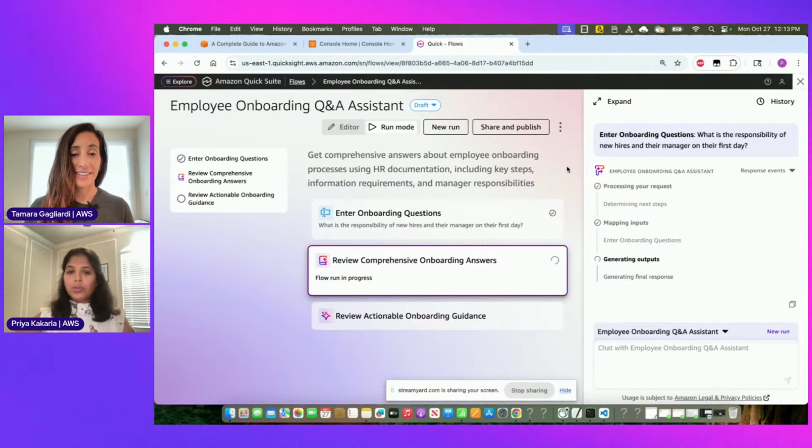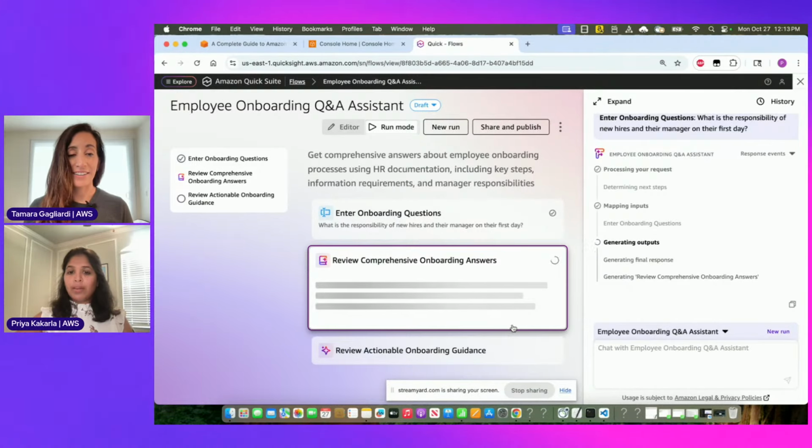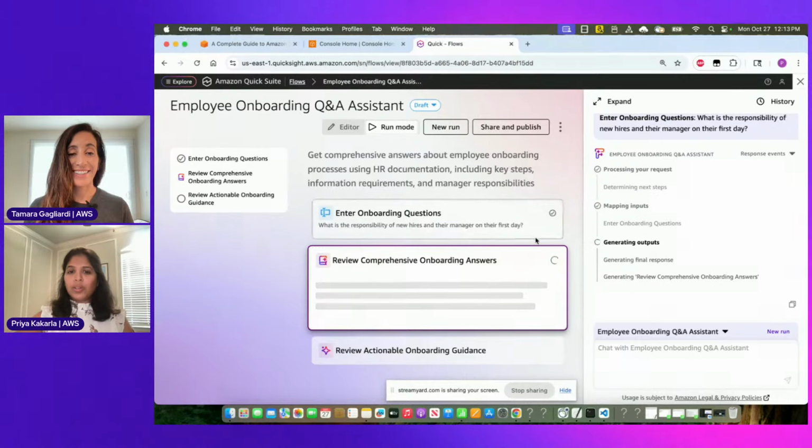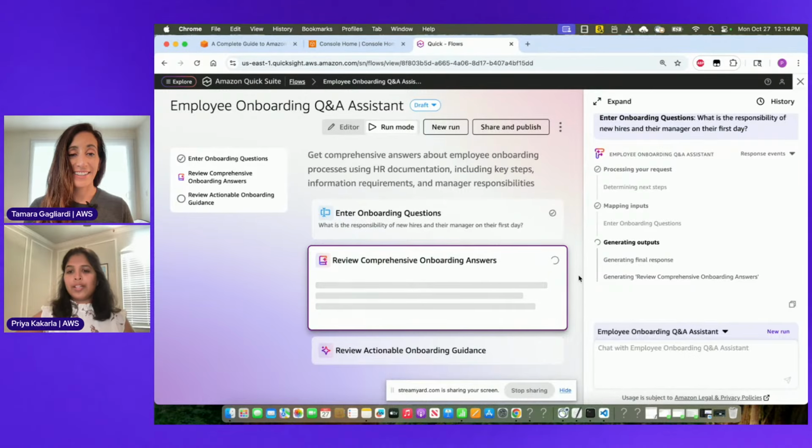And now I don't have to ask the repetitive questions that I would have asked the previous day. Now that I have my flow ready, it knows what follow-up questions I might have, and it just consolidates everything and then responds to me in my chat agent on the right hand side.